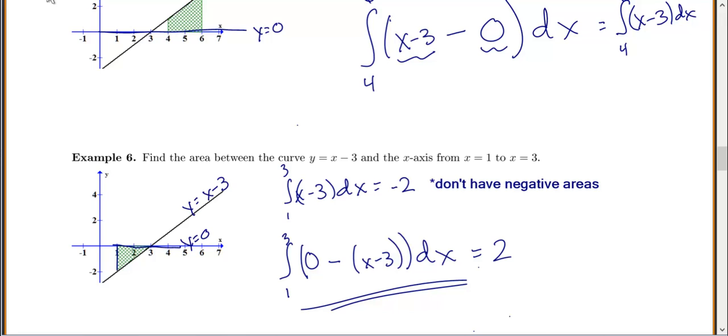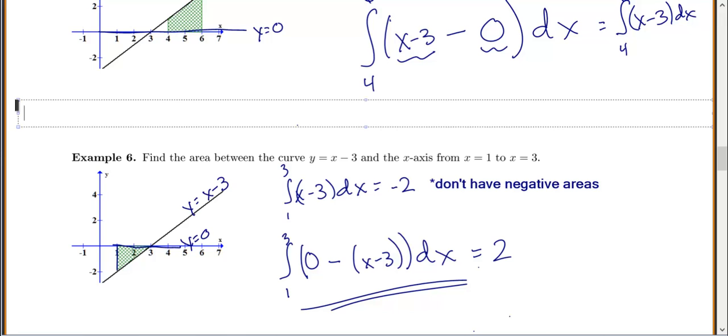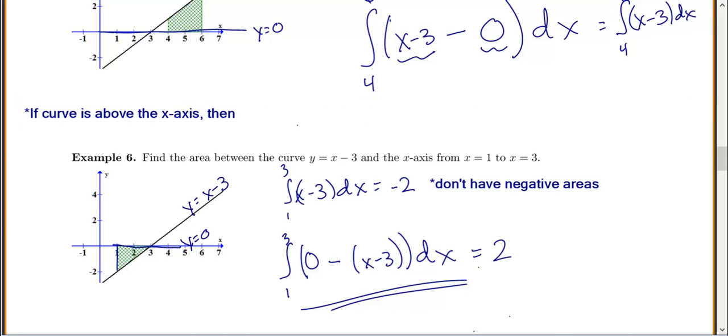Now our textbook has actual formulas for this. So they'll tell you if your curve is above the x-axis, then to find your area is going to be the integral from a to b of f of x dx.